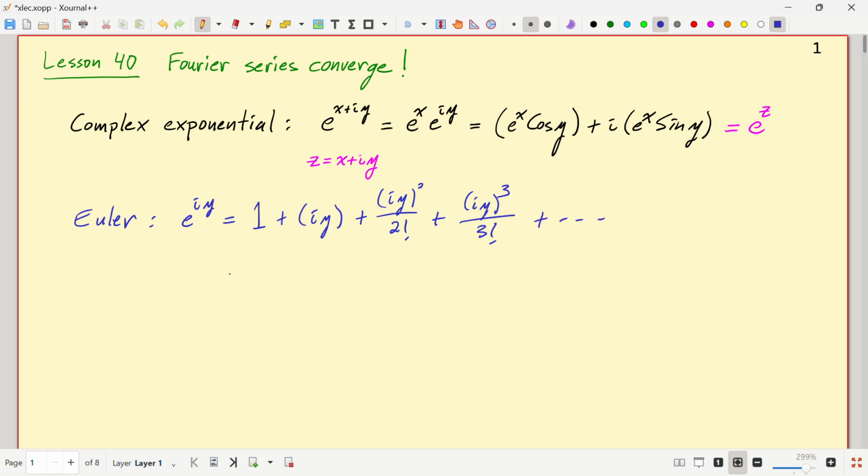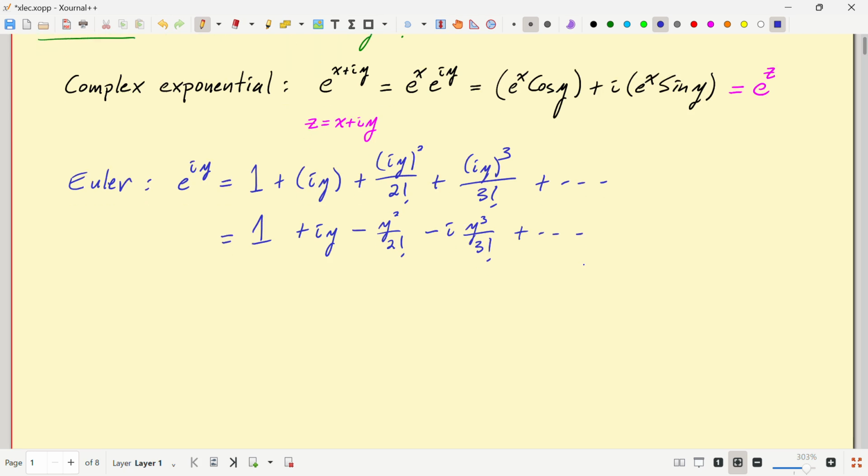And you'd realize that 1 is good, iy is good, but i squared is minus 1, so that would be minus y squared over 2 factorial. And i cubed: i squared is minus 1, so i cubed would be minus i. So this would be minus i y cubed over 3 factorial, plus etc. When you pull that apart, you realize there's some stuff with i and some stuff without i.